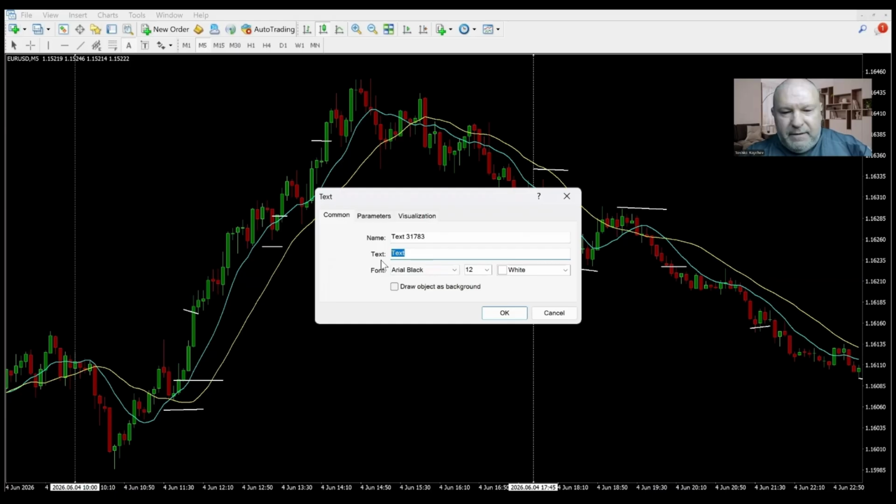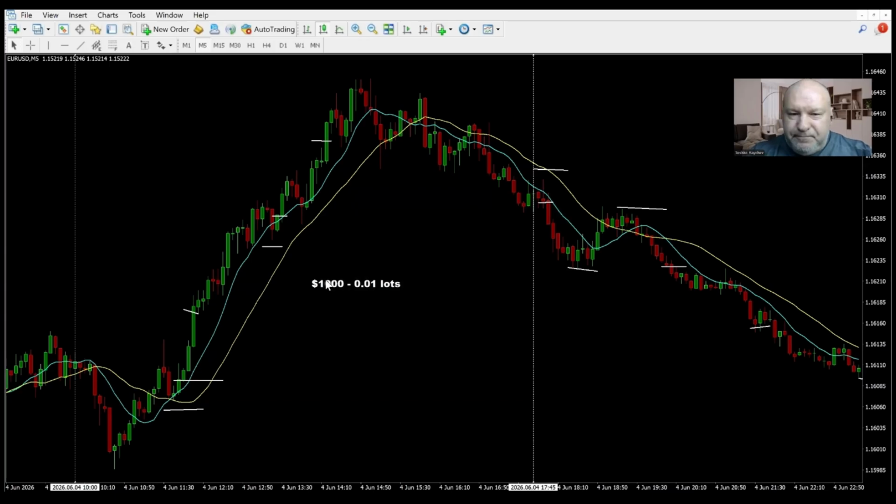For every $1,000 in my account, I'm using 0.01 lots to place a trade. So you see, if you have an account of $1,000, you should place a trade with 0.01 lots. That's the maximum that you can have, right?